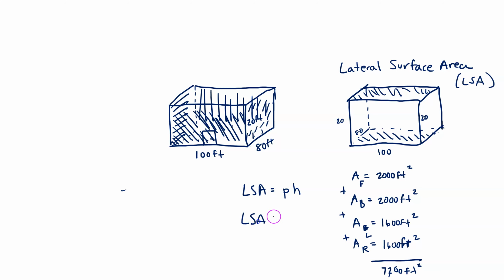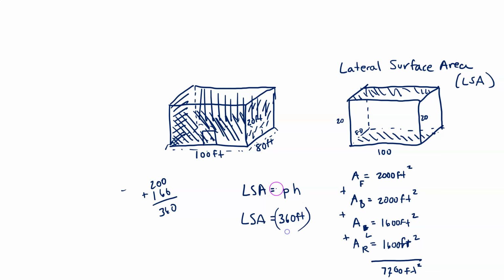So the perimeter of our building would be the distance to go around it. So that would be 100 plus 80 plus 100 plus 80. So let's see. We have 100 twice, that's 200. We have 80 twice, that's 160. Add them together and we get 360 feet.